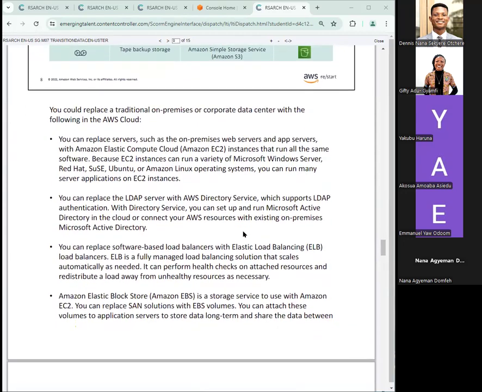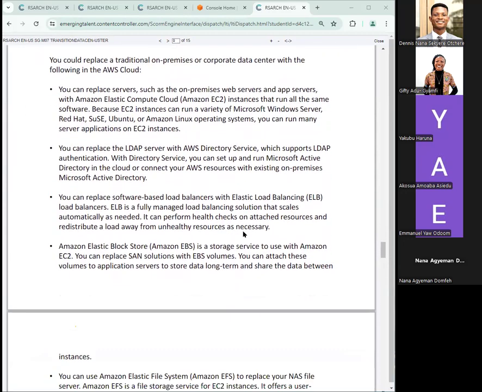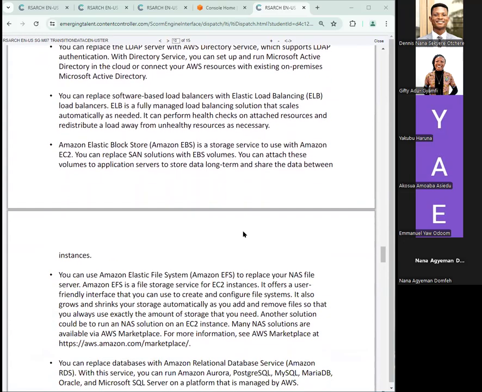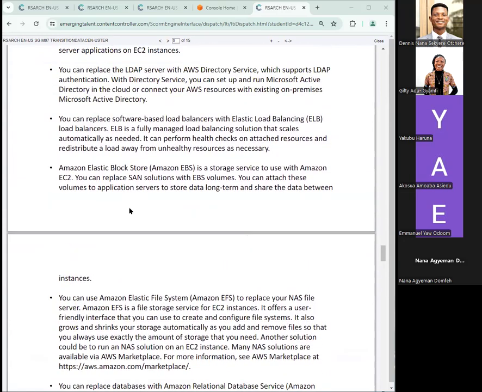Yeah, so I also understand it this way, that this traditional setup is a corporate that has designed their way of storing and provisioning for their own environment, or cloud environment, or on-premise environment. So the understanding is, to migrate from this traditional way to cloud, how is the system going to be positioned?